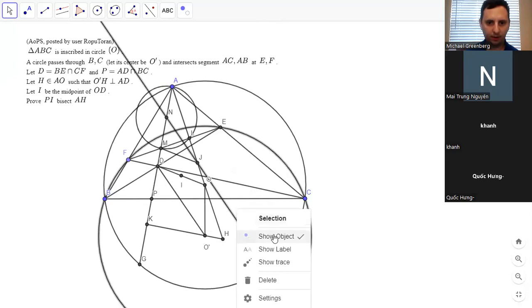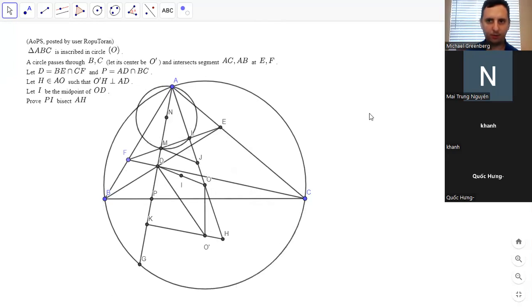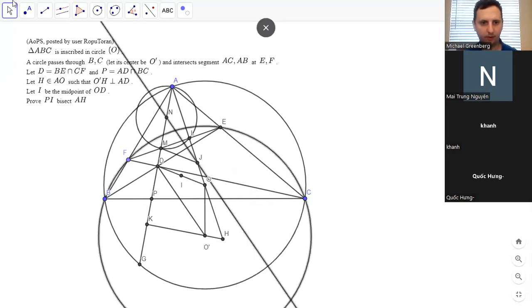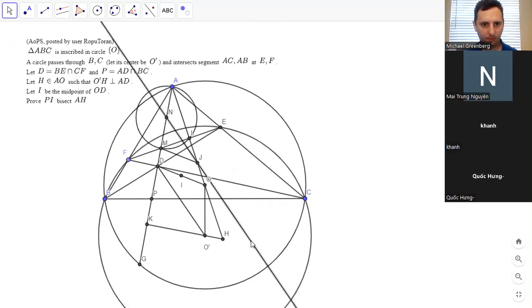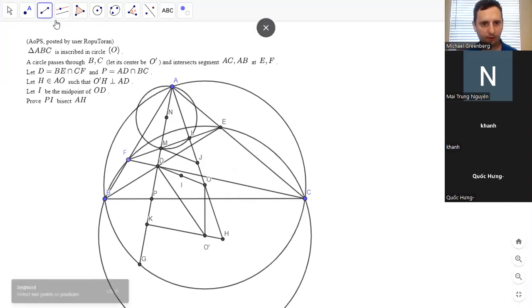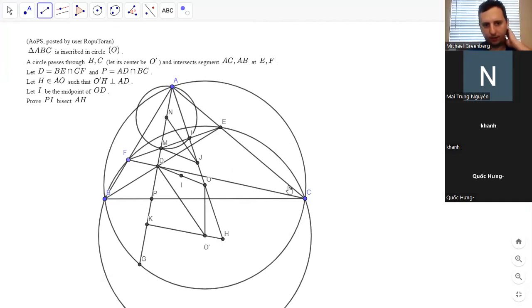I don't want to hide all of that, I just want to hide this line. So it looks like if N is the midpoint of AM, then JN is parallel to O prime D. Maybe that's obvious, I'm not sure.